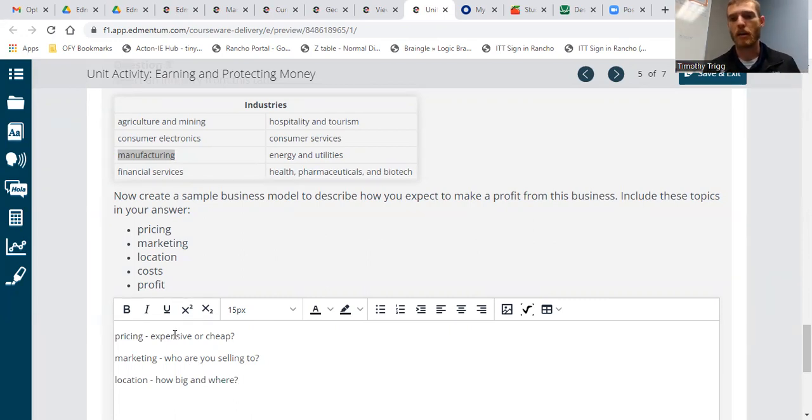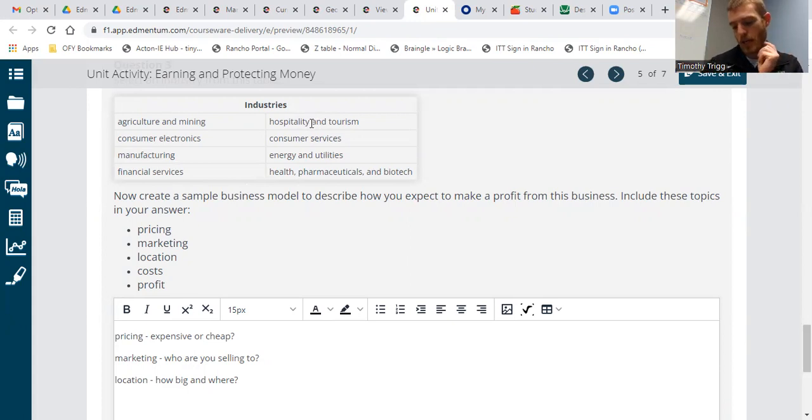How big of a company are you planning to do, and where do you want to be primarily located? So for example, if you're doing consumer services, or let's say hospitality and tourism, you might say, we want to open a hotel in Hawaii. Okay, so it talks about how big and where.